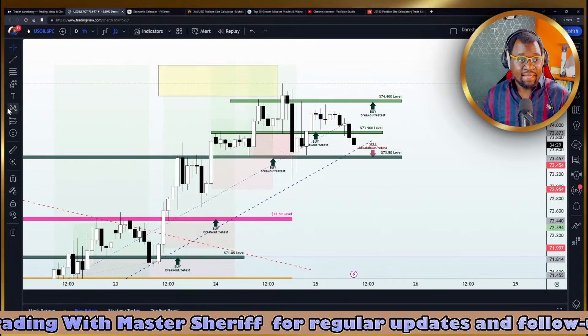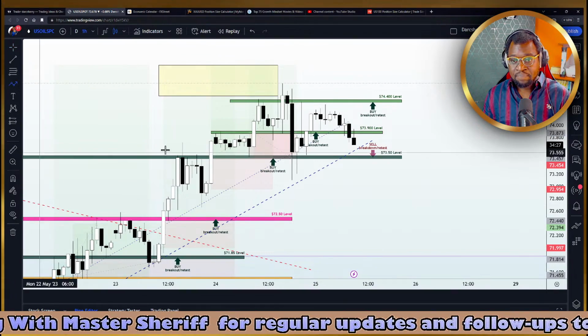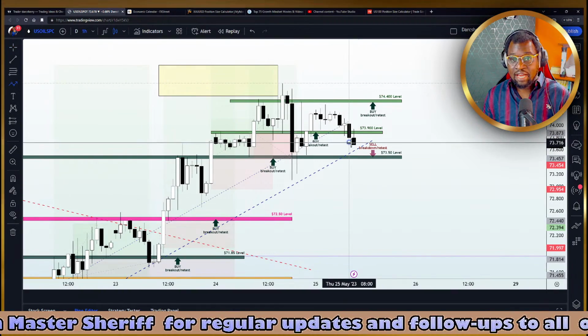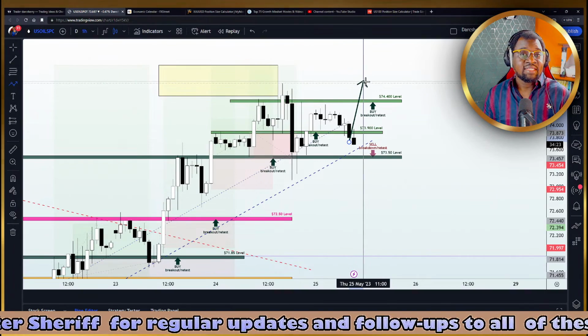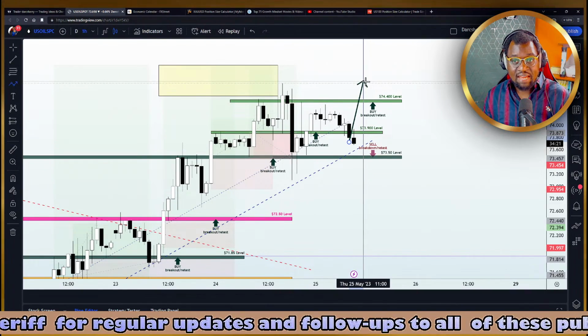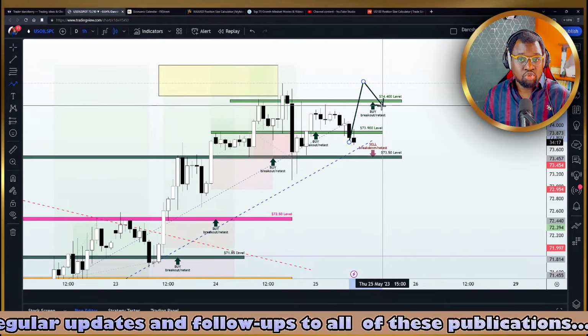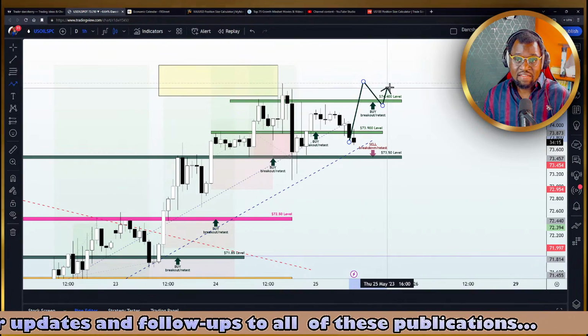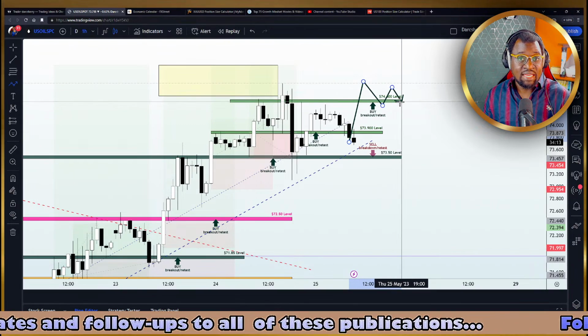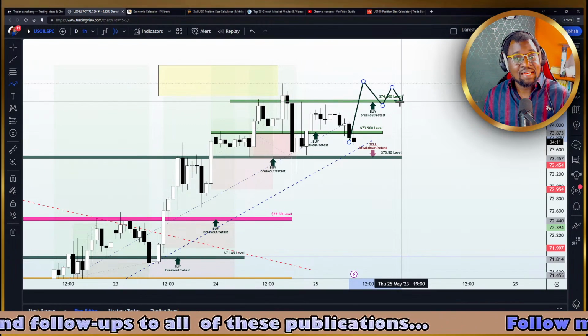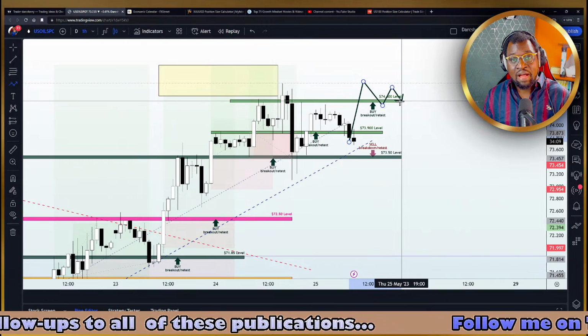So for us to buy the US oil spot today, we would rather wait for price action to break out of the $74.40 level, and if possible, we have a retracement back into structure on our lower time frame, giving us signs that buyers are actually gaining momentum here and sellers are finding it difficult to drop back below.